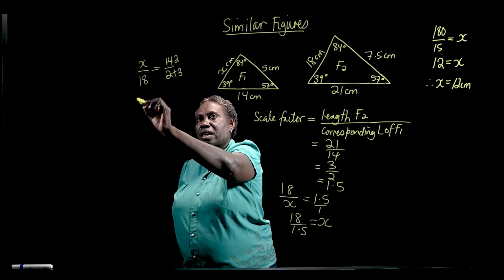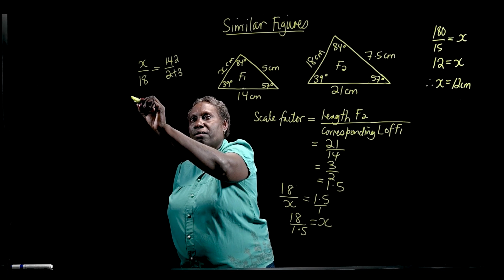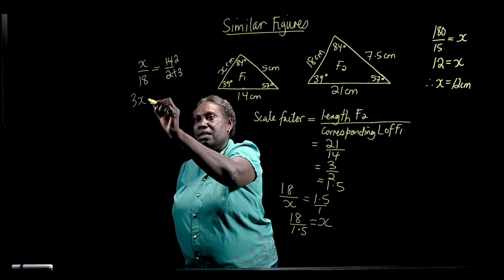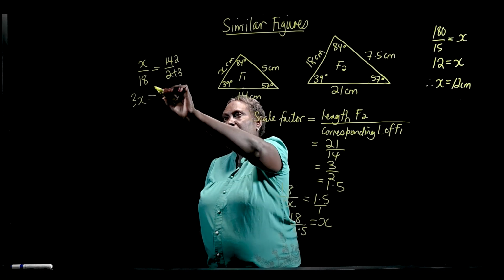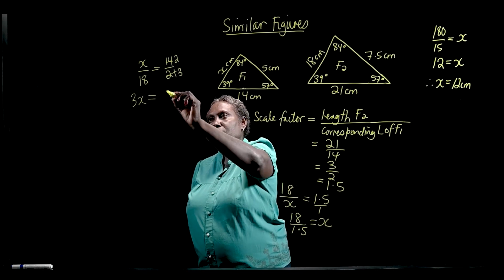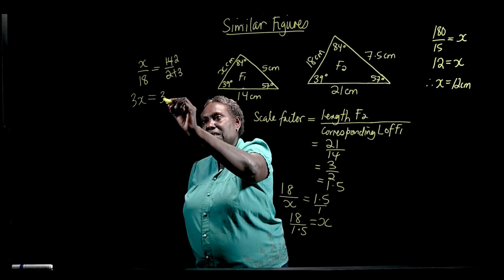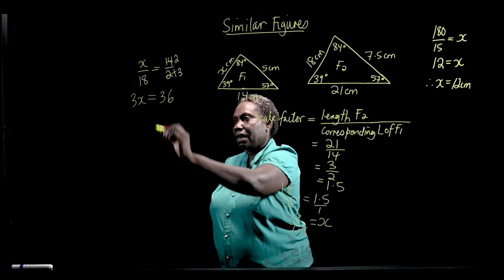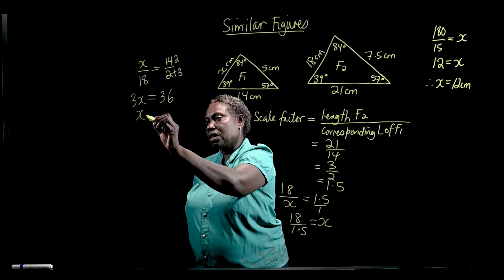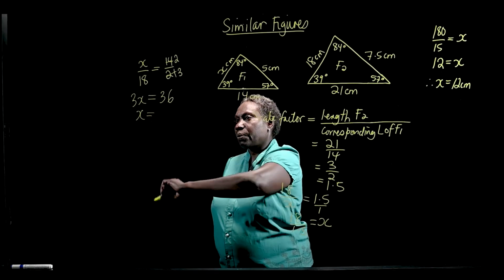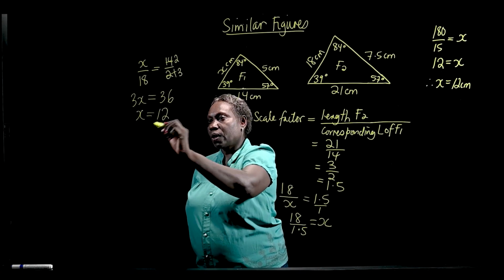When I cross multiply, I have 3x is equal to 18 times 2, which is 36. Then I divide both sides of the equation by 3. 36 divided by 3 gives me 12.